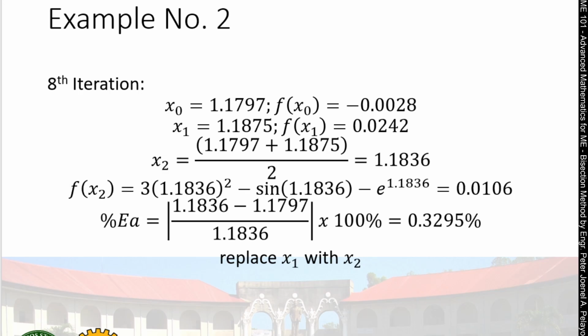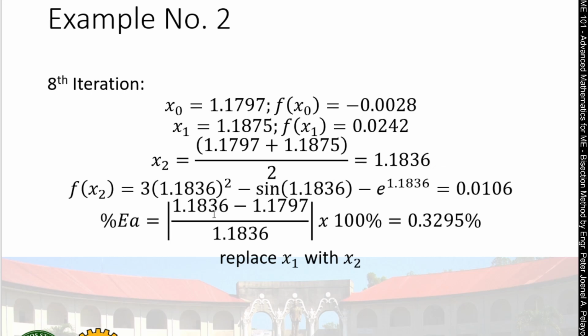Eighth iteration. Ngayon, x0 is 1.1797, x1 1.1875. So, midpoint nila is 1.1836. So, add then divide by 2. Itong 1.1836 new x2 natin, substitute natin sa f of x para makuha yung f of x2, which is 0.0106 positive.